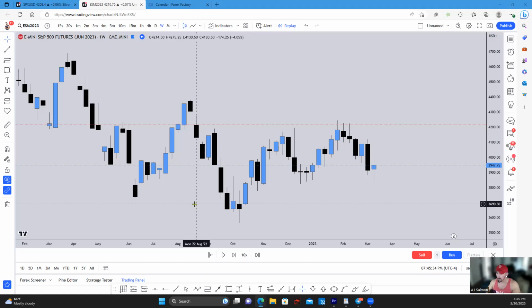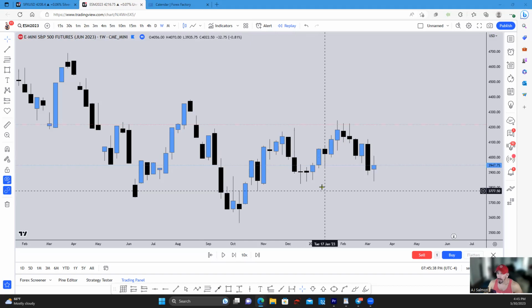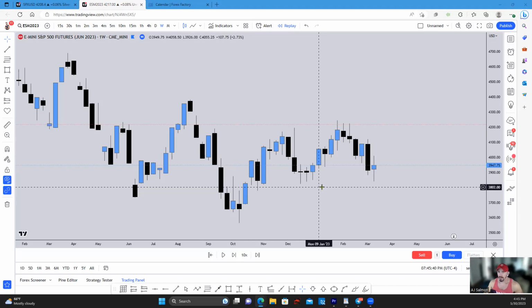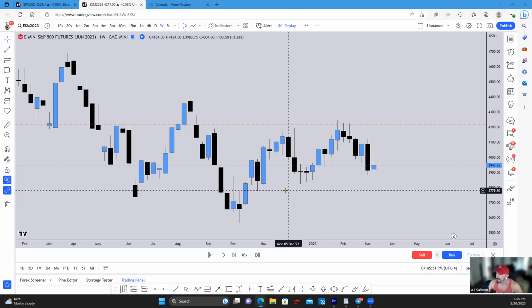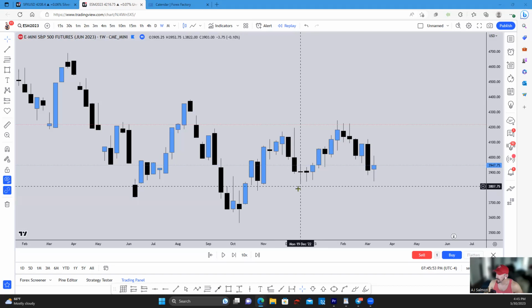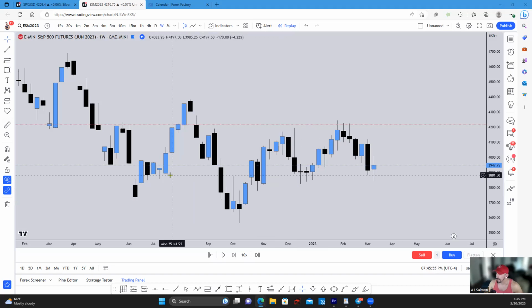Okay. This gives us our macro on the higher time frame and our perspective. So what we're looking for is gaps, inefficiencies, imbalances, equal highs, equal lows, old highs, old lows, right? On the weekly time frame.